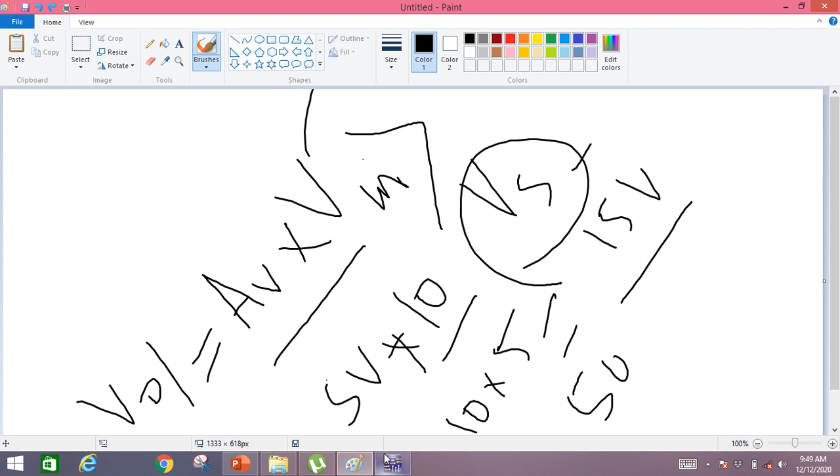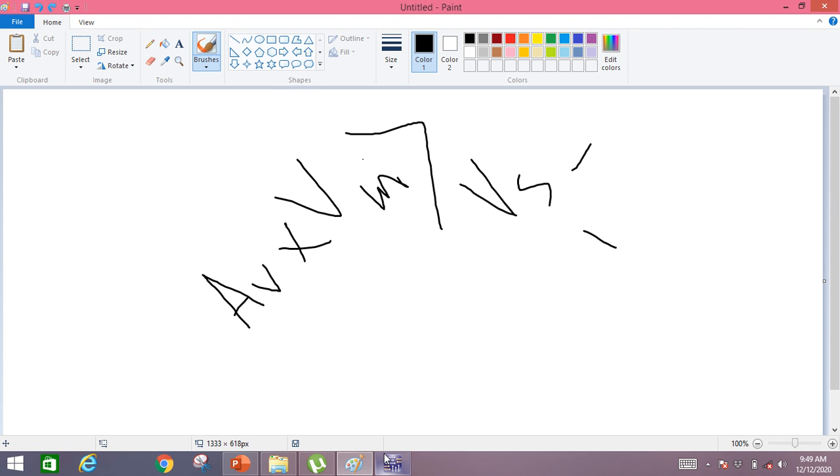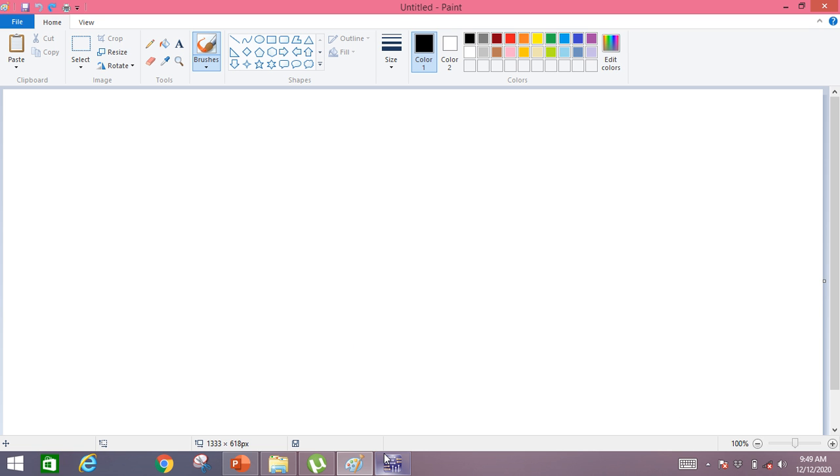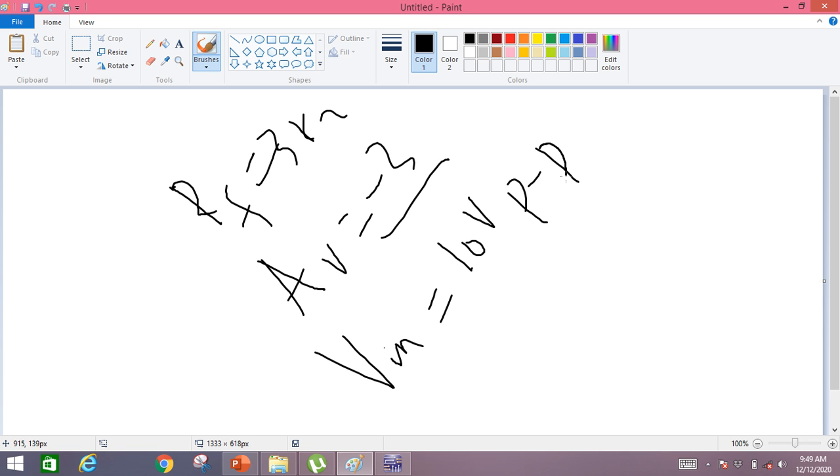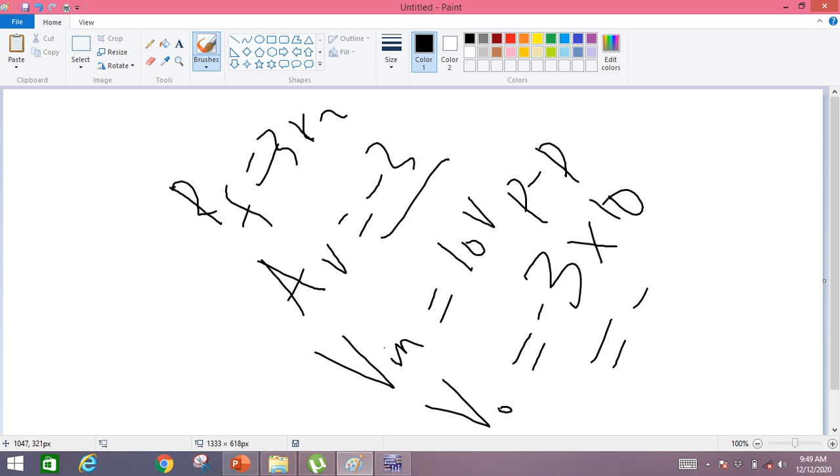If the input voltage is 10 volts peak to peak, how much will be our output voltage? Our output voltage will be minus 3 into 10, that is minus 30 volts peak to peak.